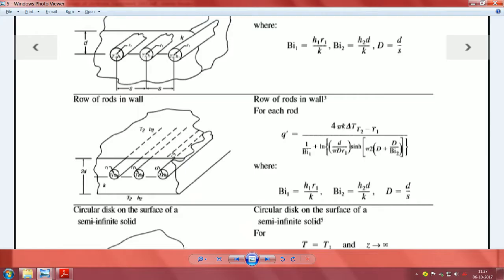Sometimes they emboss the pattern and then the whole thing is spot welded, and then it forms a narrow channel. For only convenience sake, I am taking it's a little like a rod, it is not a rod. It is actually a tube in which fluid is passing, and only in the case of the side walls, even there also it is a tube, but the outside surface of a tube can be treated as a rod.